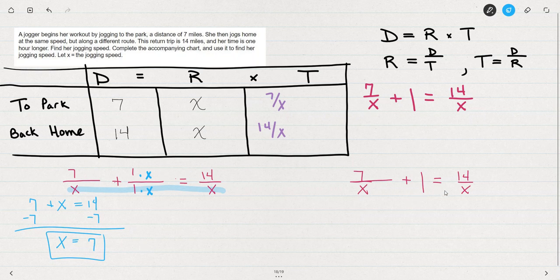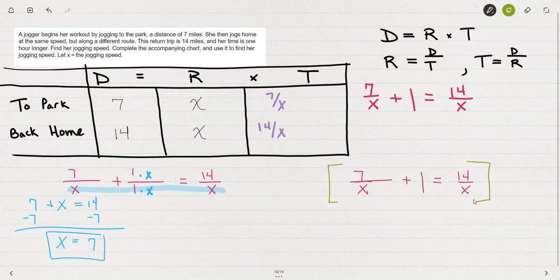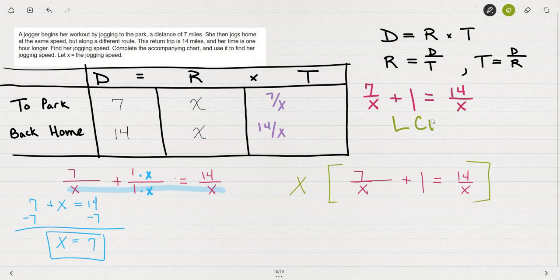And for this other method, what we're going to do is simply multiply everything by the common denominator x. Either way, we need to get that least common denominator, x. So either method starts with finding that the least common denominator for 7 over x, 1, and 14 over x is x. But with this method, we'll multiply everything through by the common denominator.